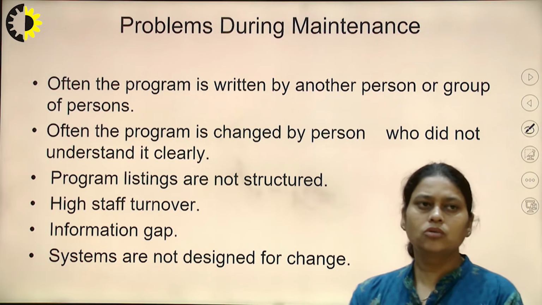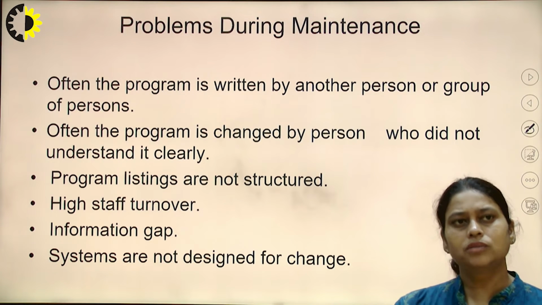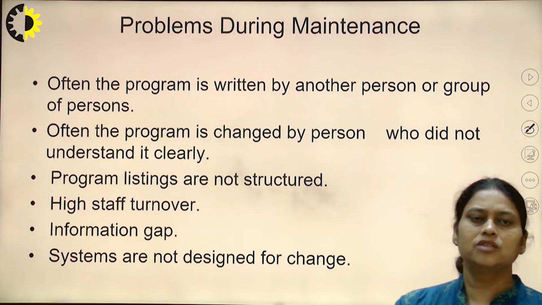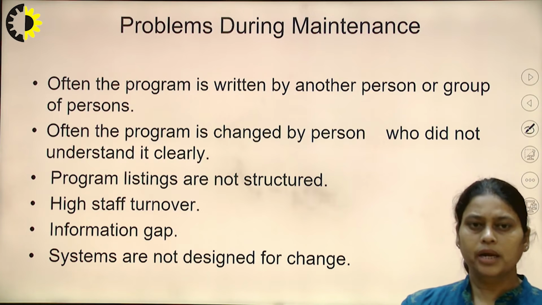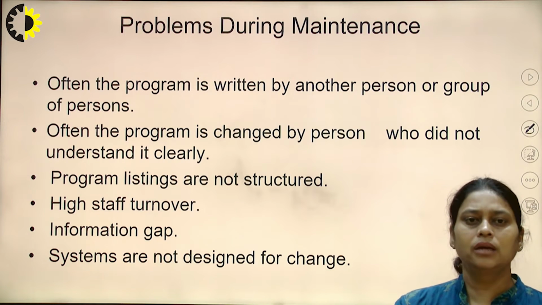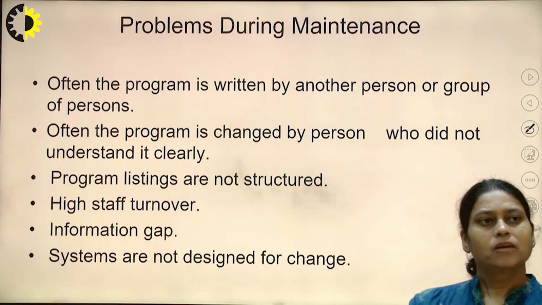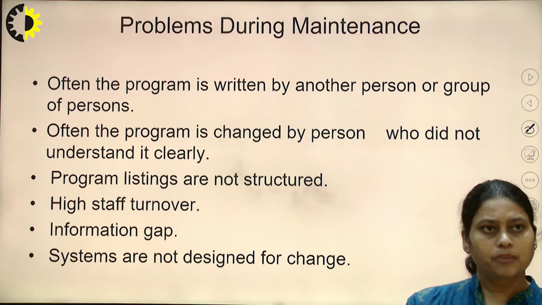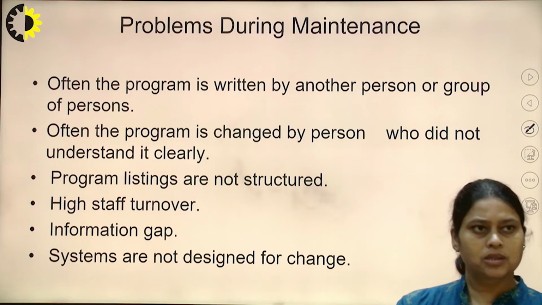Now the question arises: what problems occur during the maintenance phase, or what type of problems do we have to face during the maintenance phase? First, the program is written by another person or a group of persons.